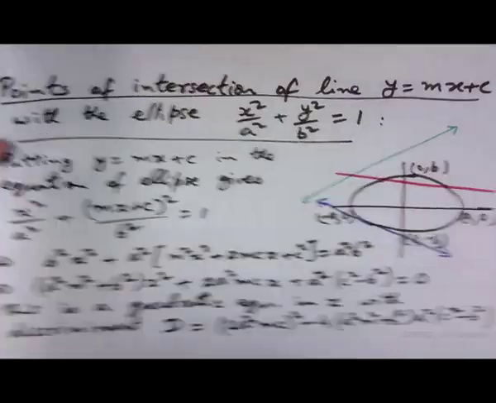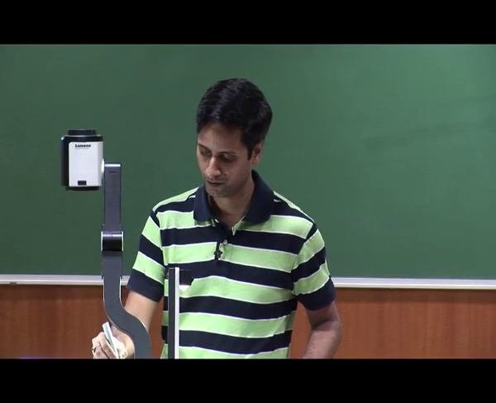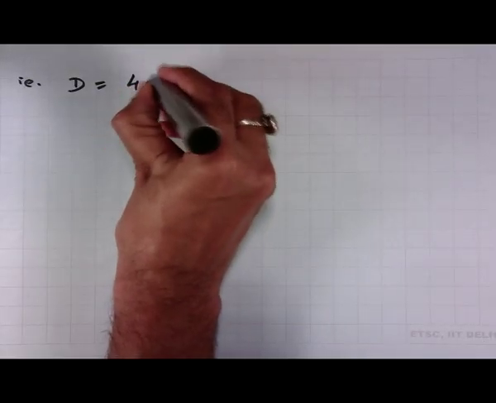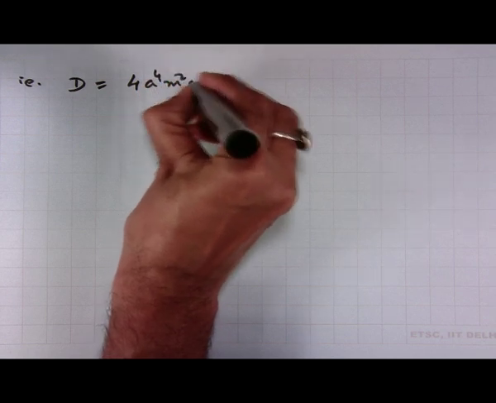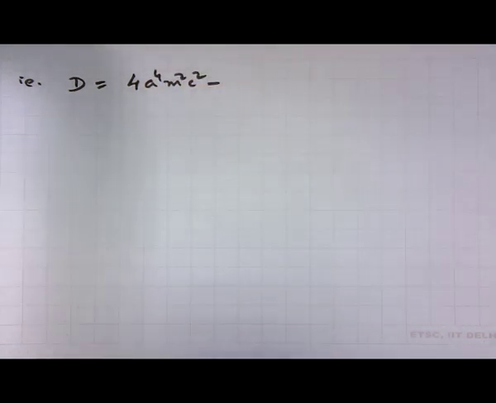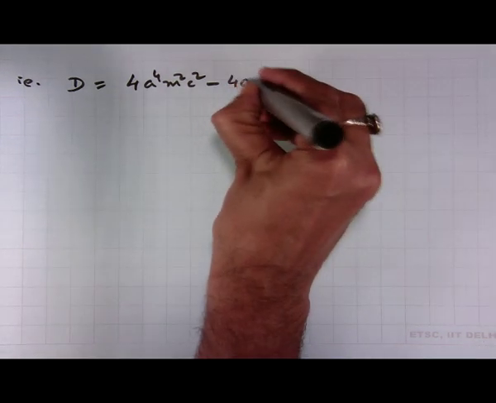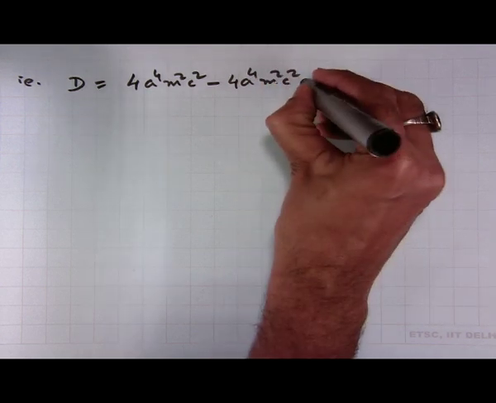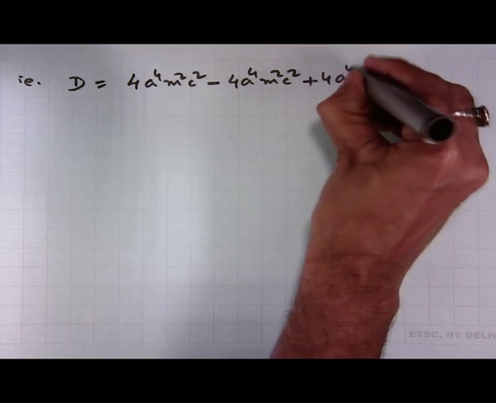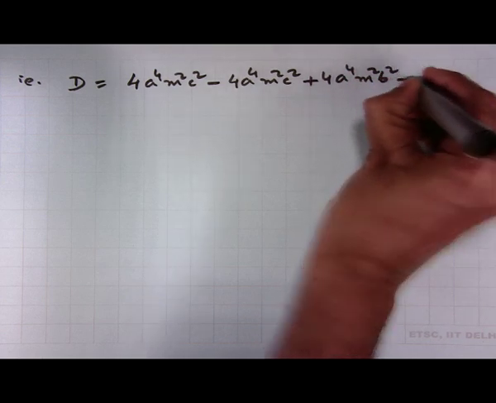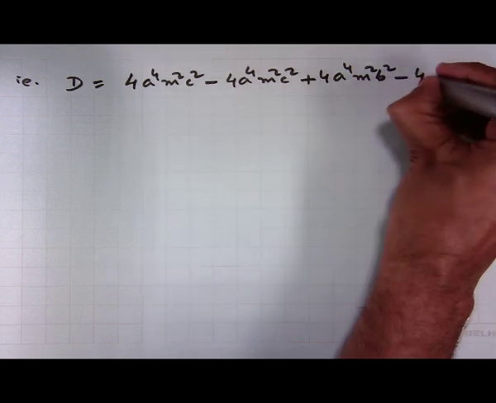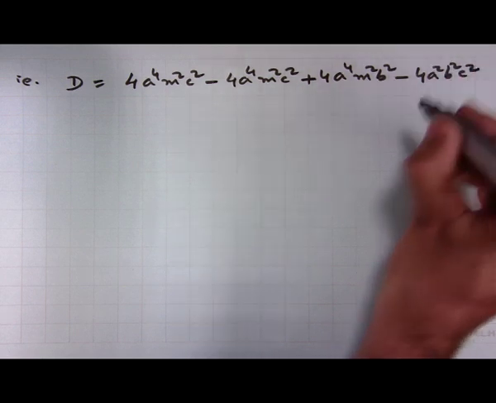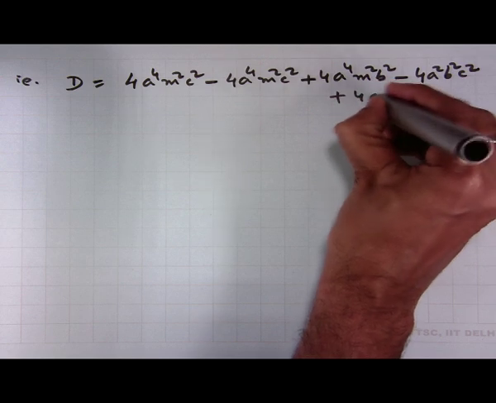This gives the discriminant as 4 a to the 4 m square c square minus 4 a to the 4 m square c square plus 4 a to the 4 m square b square minus 4 a square b square c square plus 4 a square b to the 4.